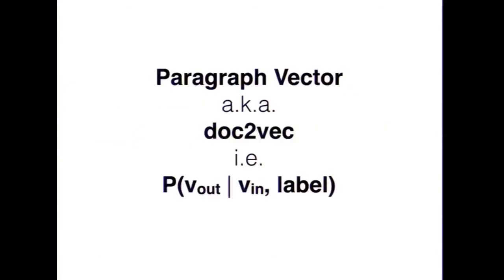The algorithm in the paper is referred to as paragraph vector, but then to reference word2vec, they also call it doc2vec. And it's basically the same process, so we have a very similar probability, but you see here the conditional probability also has a label, and the label could be a document ID, a sentence ID, a class ID, it depends on how we want to aggregate these probabilities, but pretty much the same process.